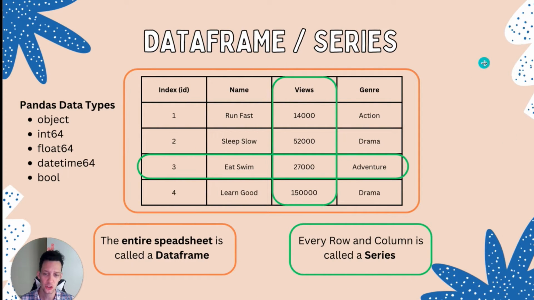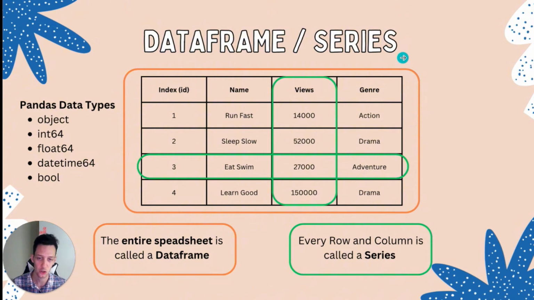And I want you to view the entire spreadsheet as the data frame. Okay, this is the entire spreadsheet like Excel or whatnot. And then going forward, every row or every column is known as a series. All right, that's your two new data structures. One is a data frame that represents the entire spreadsheet or data. And then we have all of our rows and columns, and those are known as a series.